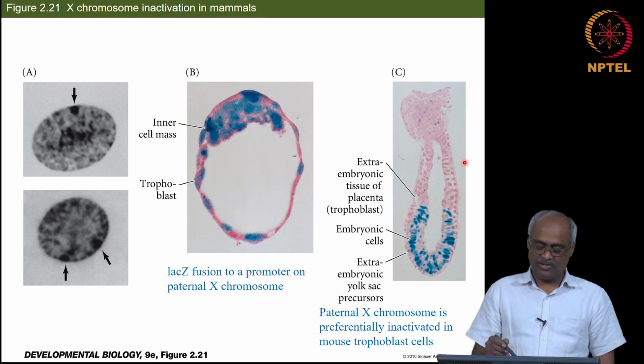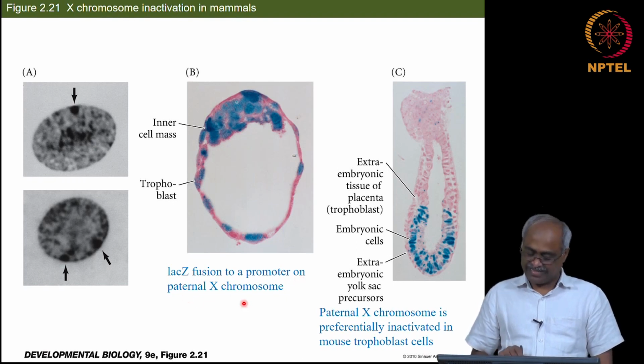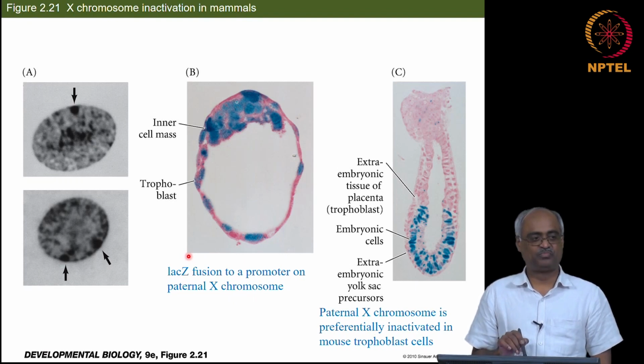If you look at B, it is a very early embryo. In this you have the reporter LacZ fused to the promoter on the paternal X chromosome. So, LacZ will be expressed if the paternal X chromosome is active.